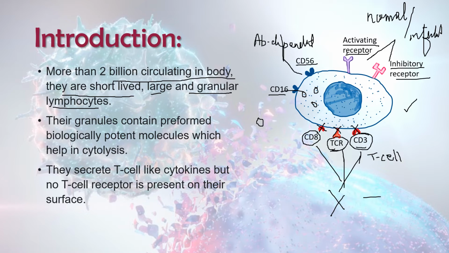After activation, these molecules are secreted out from the natural killer cells and perform various functions regarding cytolysis. They contain proteins or enzymes which are known as cytotoxins. Basically, these enzymes or proteins are perforins, the first one, and granzymes.